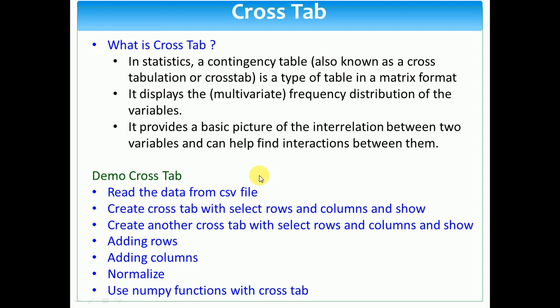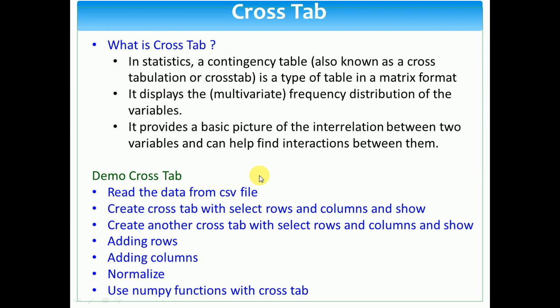Then we will create another cross tab with selected rows and columns and show that. We will create this a few times. Then we will add rows and add columns. Then we will also do normalization so that we can figure out a sort of percentage.